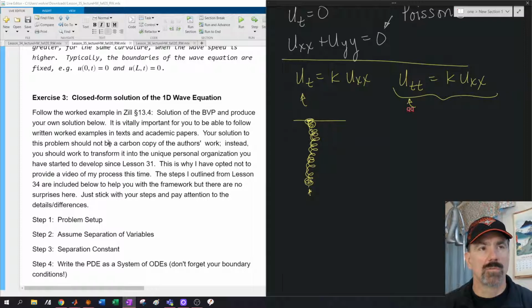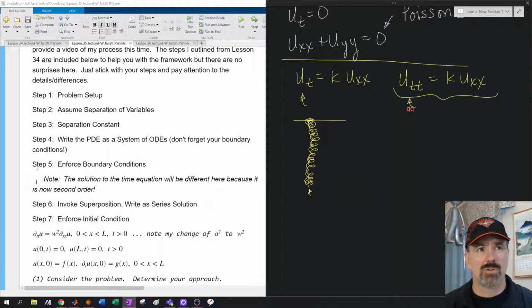So the closed form solution, this is exercise number 3, and of course the kernel goes through the same steps. I've written my steps to match with hers, with a little bit more emphasis on the fact that steps 3 and 4 to me are really done all simultaneously, and then steps 5 and 6 are much more significant and have to be done in multiple steps and in the right order.